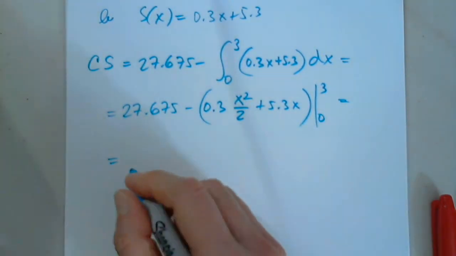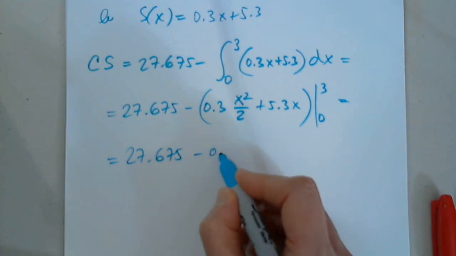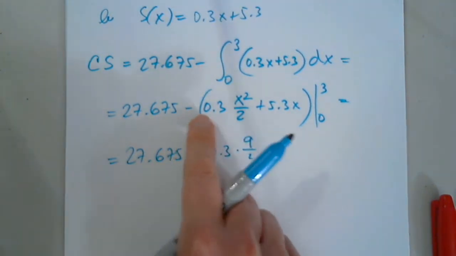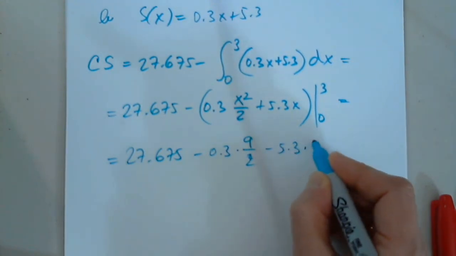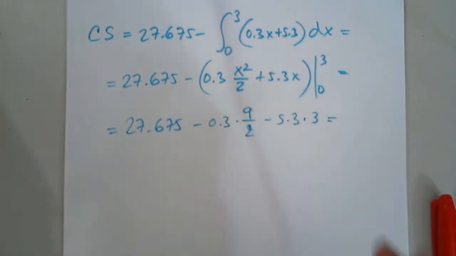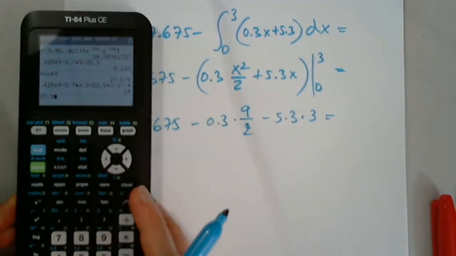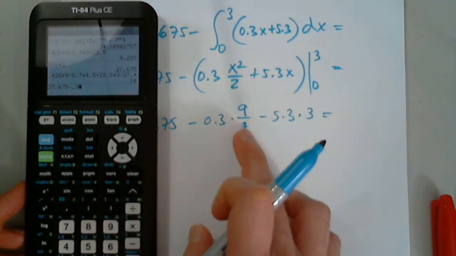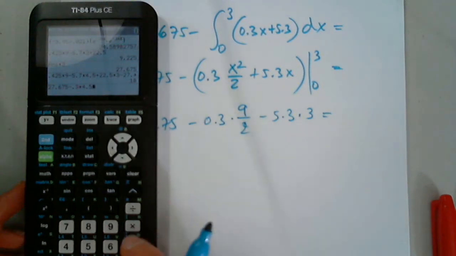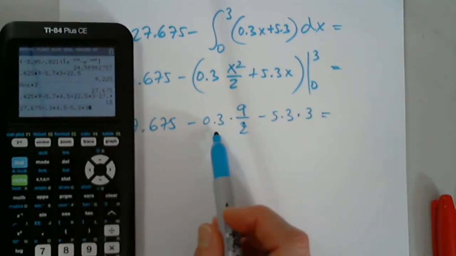Luckily, again, I only have to plug in 3. 27.675 minus 0.3 times 9 over 2. Remember to distribute this. Minus 5.3 times 3. 27.675 minus 0.3 times 4.5 minus 5.3 times 3. 27 minus 4, yep.